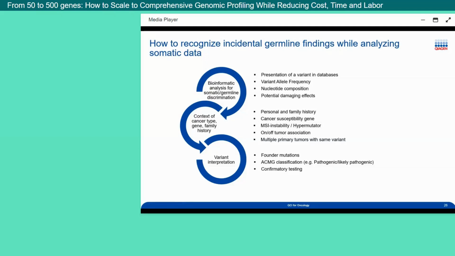So due to the complexity of identifying the origin of a mutation, bioinformatics analysis should be combined with the manual evaluation of personal and/or family history of cancer, the on-off tumor association, evaluation of existing founder mutations, and available literature to assess the affected individual's inheritance patterns and confirm the causative association with the phenotype using the ACMG classification criteria.